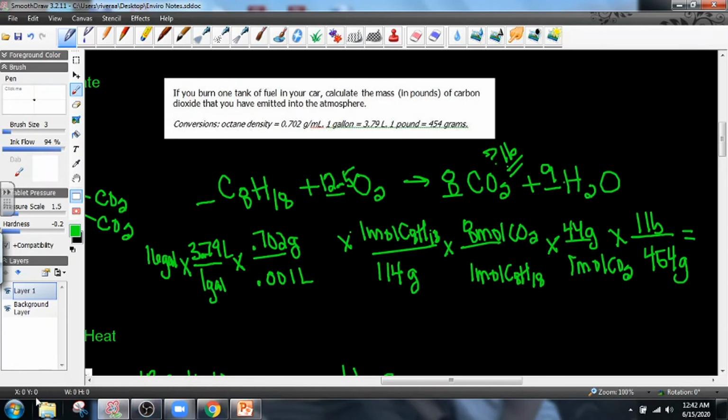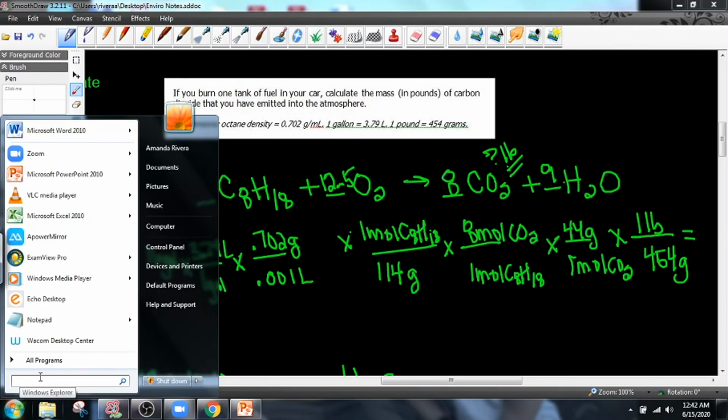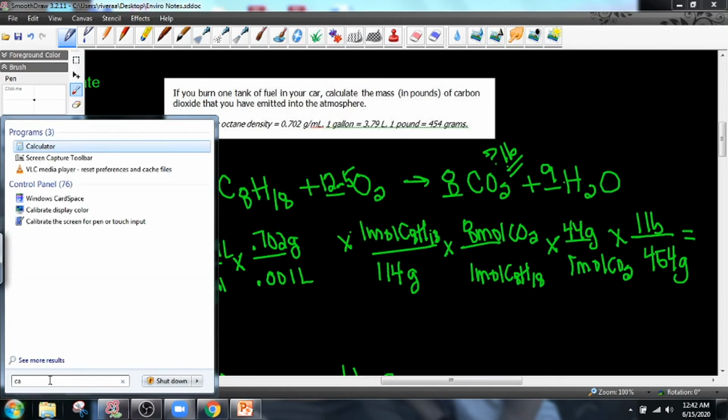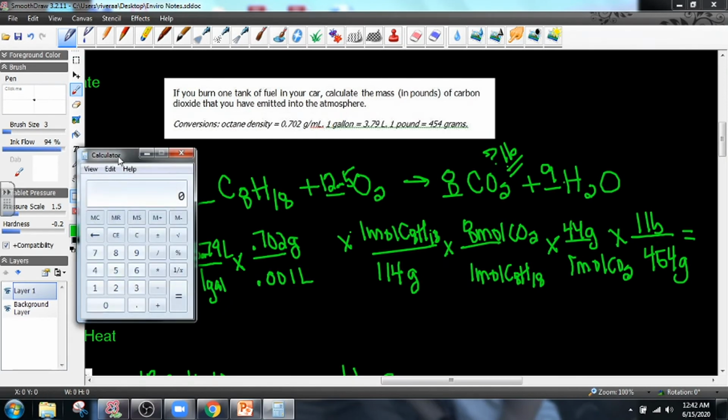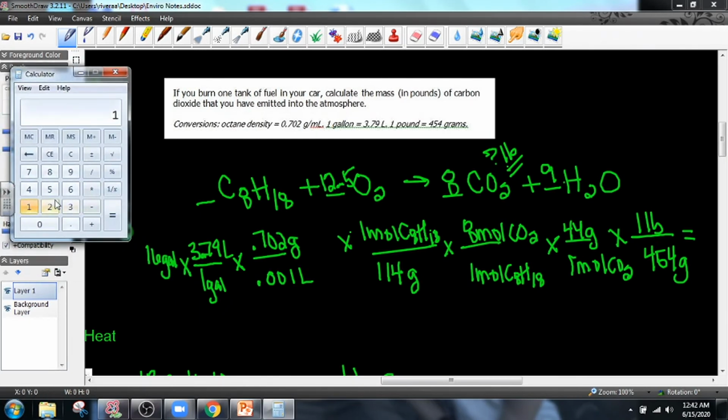All right, here we go, folks. Now I gotta find my calculator again. We are gonna multiply the 16 gallons times the 3.79 liters in a gallon times the 0.702 times the 8 times the 44.